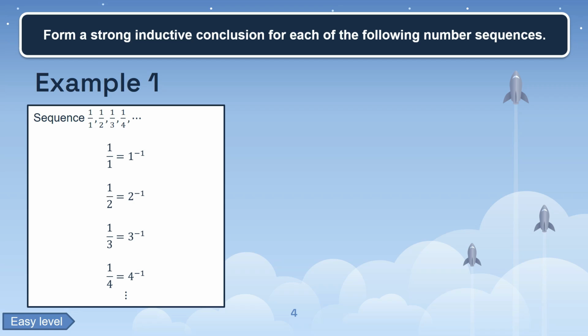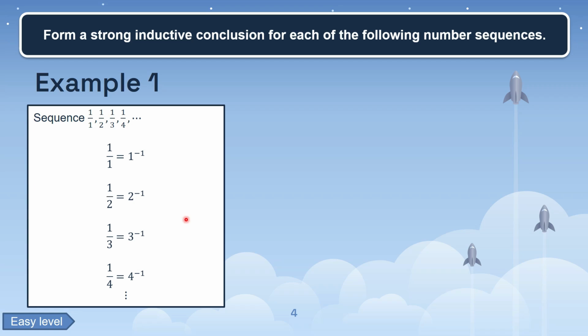The instruction: form a strong inductive conclusion for each of the following number sequences. Example 1. This is the sequence: 1 per 1, 1 per 2, 1 per 3, 1 per 4, and so on.